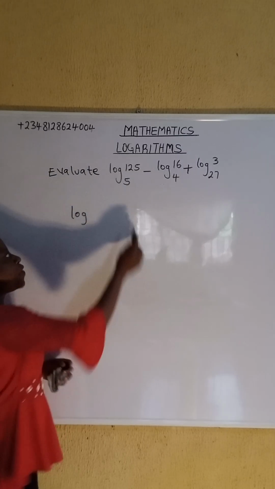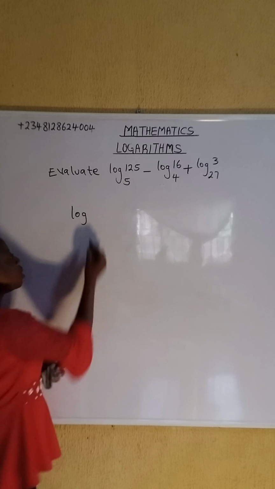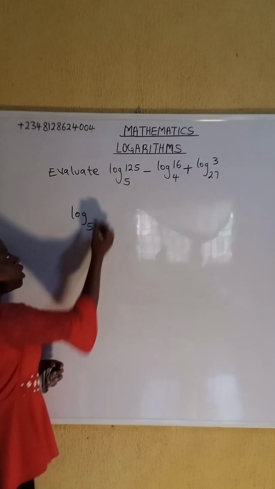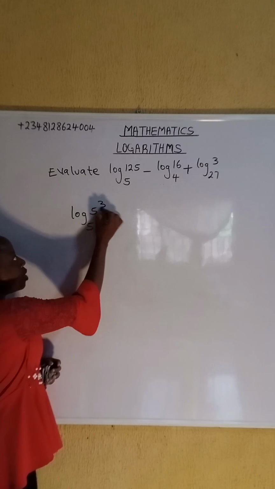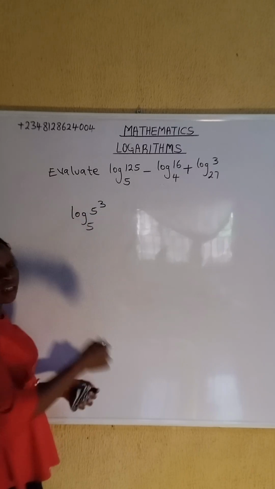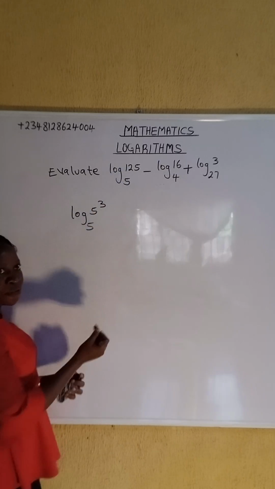You are going to simplify this 125 to base 5. Now, what is 125? Let's simplify to 5. That will be 5 raised to power 3. 125 is the same thing as 5 raised to power 3. That is 5 times 5 times 5 will give us 125.